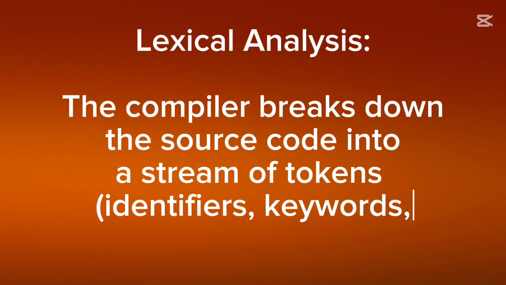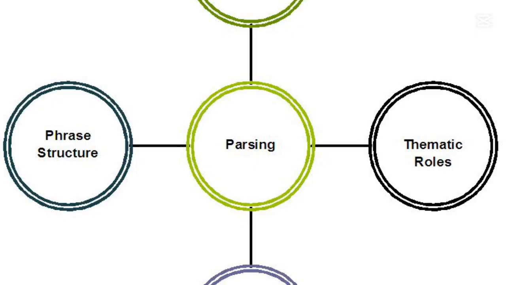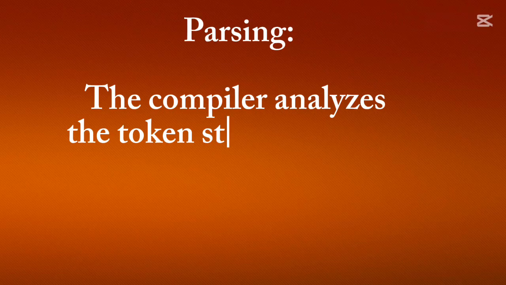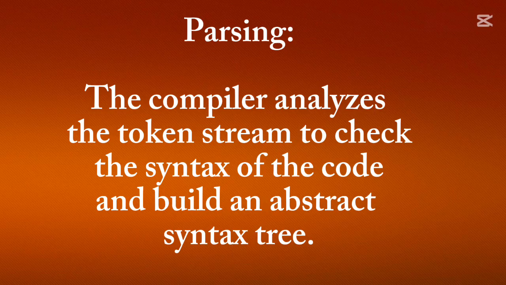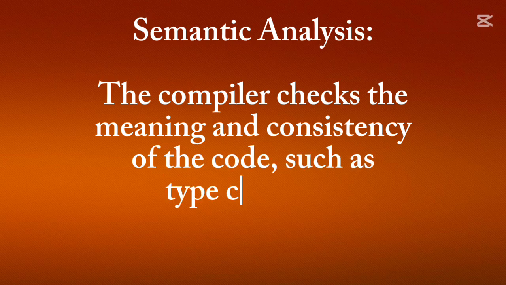Lexical analysis. The compiler breaks down the source code into a stream of tokens: identifiers, keywords, operators, etc. Parsing. The compiler analyzes the token stream to check the syntax of the code and build an abstract syntax tree. Semantic analysis. The compiler checks the meaning and consistency of the code, such as type checking.